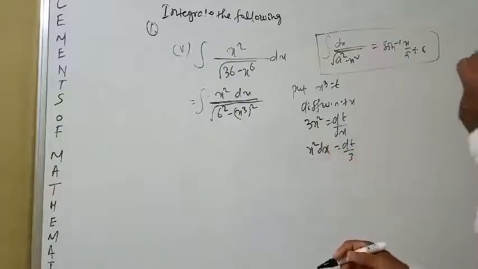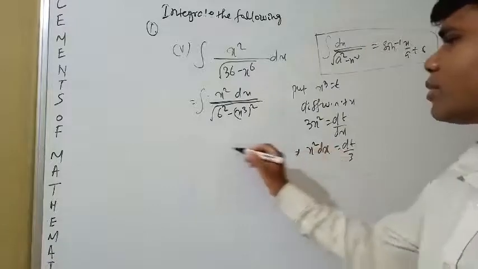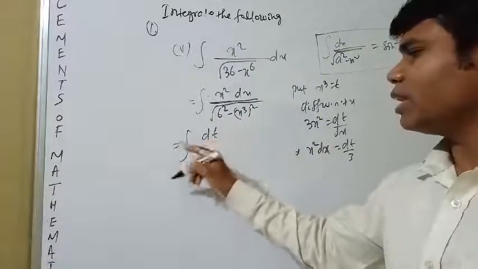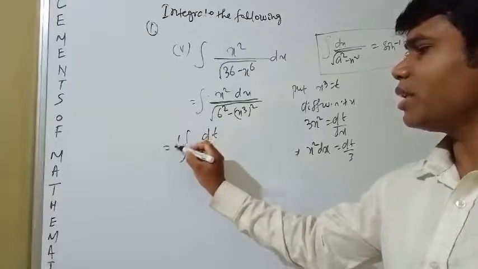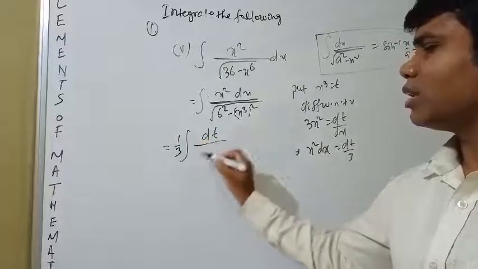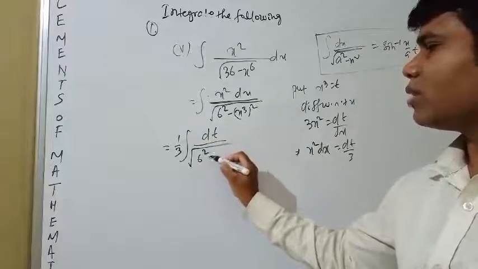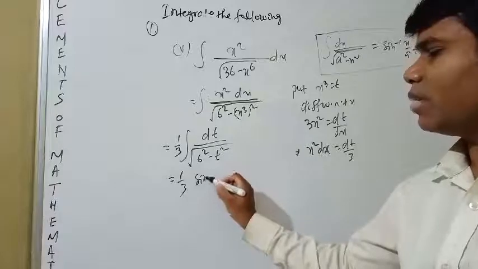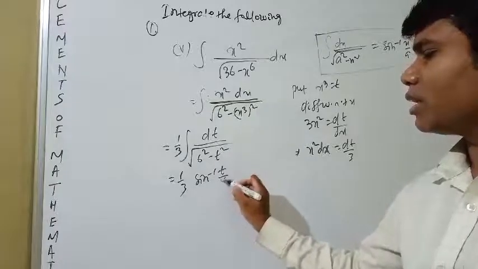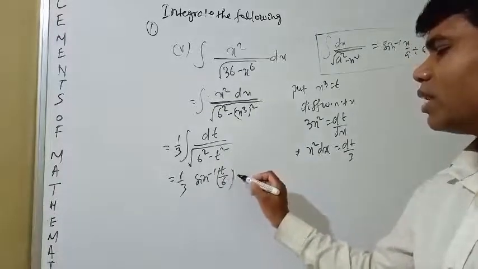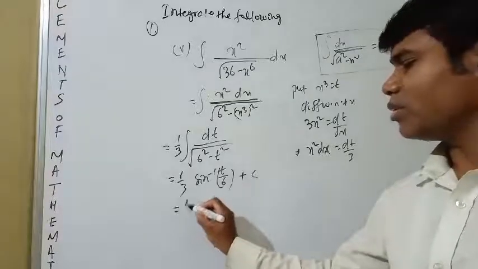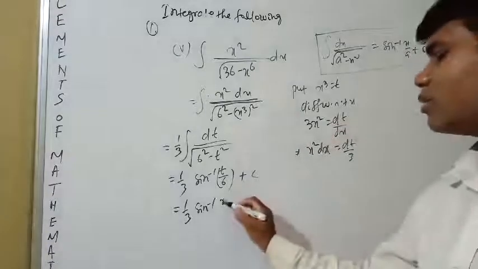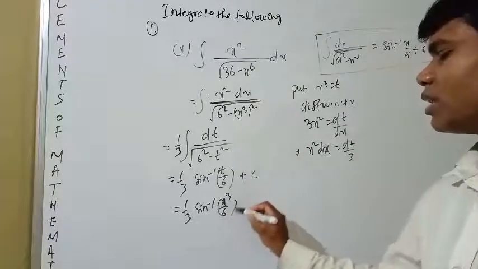So the integral becomes 1 by 3, keeping it outside, dt by root over 6 square minus t square, which is equal to 1 by 3 sin inverse t by 6 plus c, which is equal to 1 by 3 sin inverse x cube by 6 plus c.